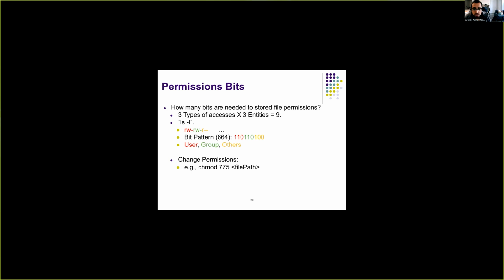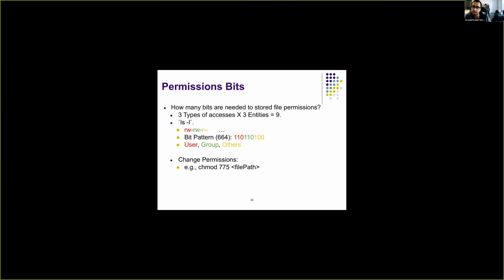These are the permissions for the user, that is the owner of the file, the group to which the file belongs, and then the others. These 3-bit patterns represent the permissions on the file given to each corresponding entity. The first 3 bits are the permissions allowed for the owner of the file, and the second 3 bits are the accesses allowed for all the people who are not owners, but who are part of the group of the file.